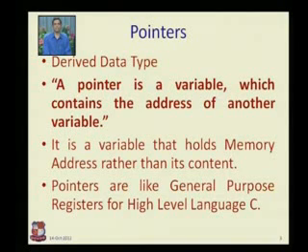So I can say that it is a variable that holds the memory address rather than its content, meaning instead of a value it contains the address of the content. So I can say that pointers are like the general purpose registers for high level languages in C. See, we have different languages like assembly level language, low level language and high level language. In high level language, pointers can be taken as the general purpose registers.